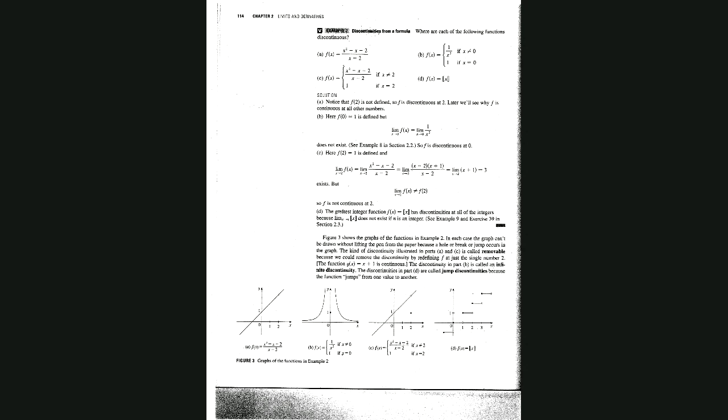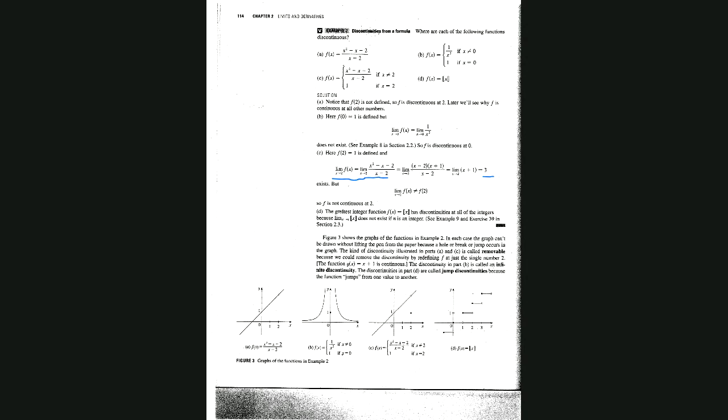For C, that function is defined for all x values, but when you take the limit of the function as x approaches 2 and do the factoring, you're going to get 3.